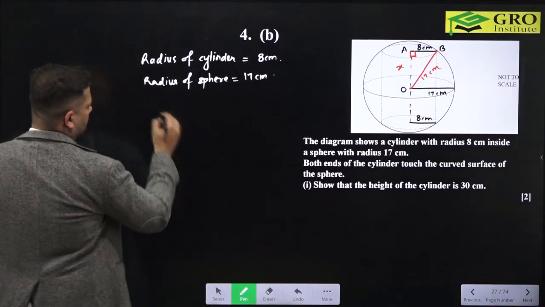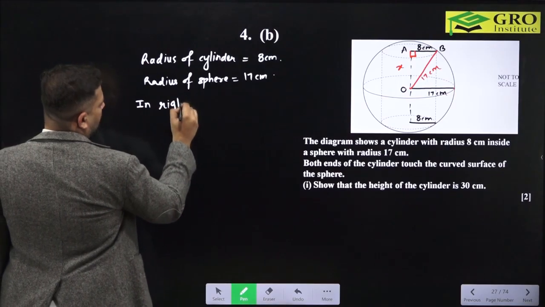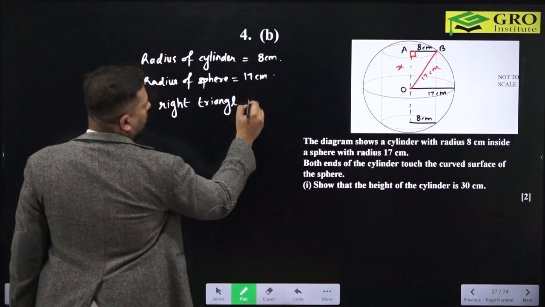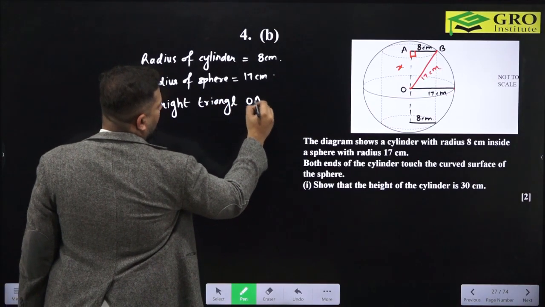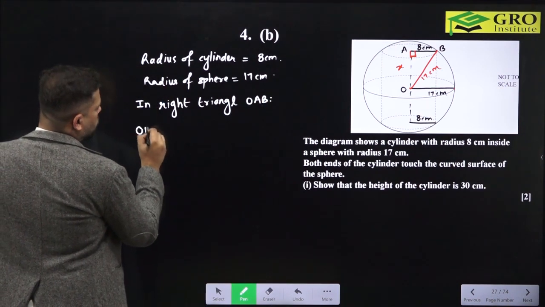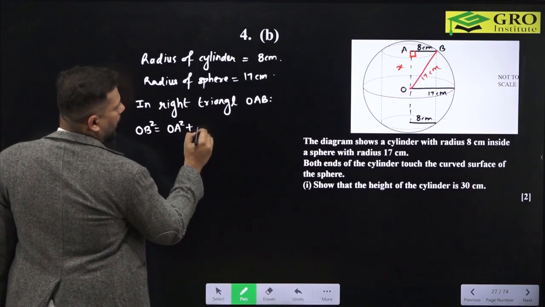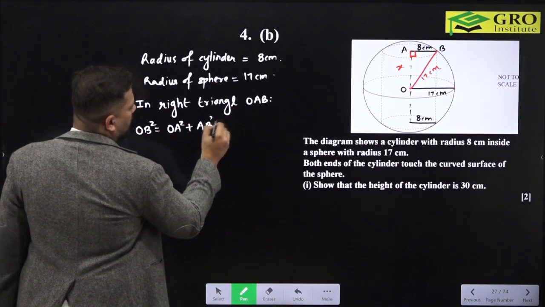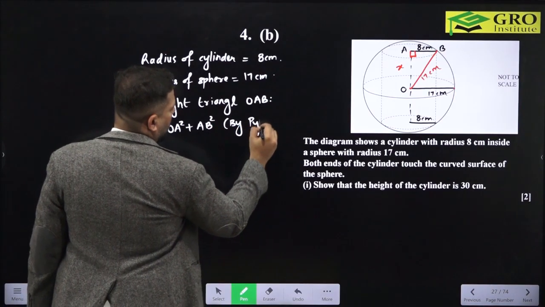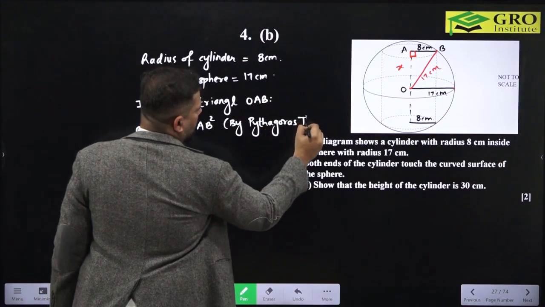Let us now look at it. In a right triangle OAB, OB square is equal to OA square plus AB square. How did we get this? By Pythagoras theorem.